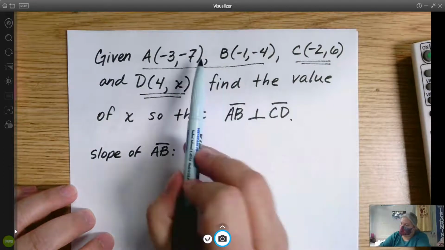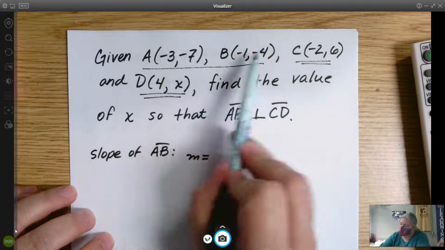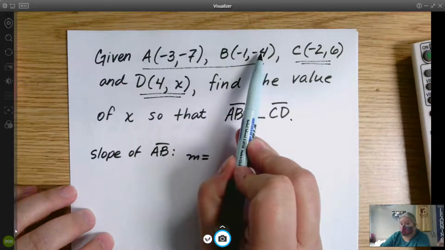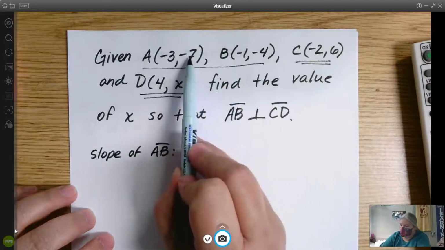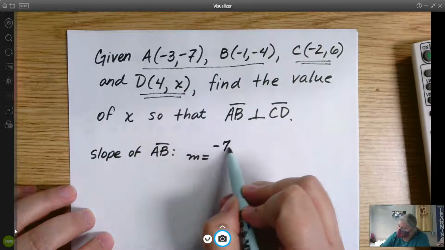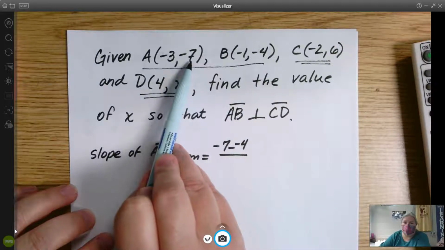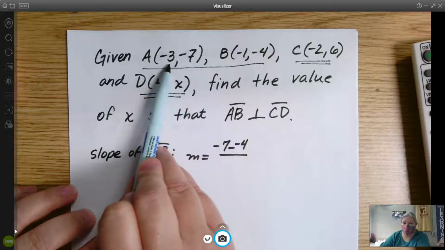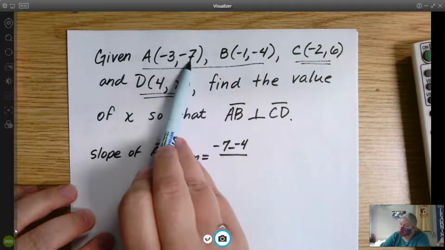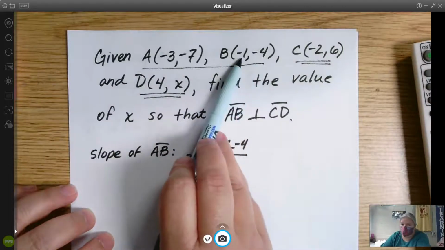Okay, so I'm going to subtract my y's: -7 minus -4. The order doesn't matter as long as you're consistent. What I mean by consistent is that because I started with this point for the y's, I need to start with that same point for the x's as well. So I wouldn't do -7 minus -4 and then start here for the x's.